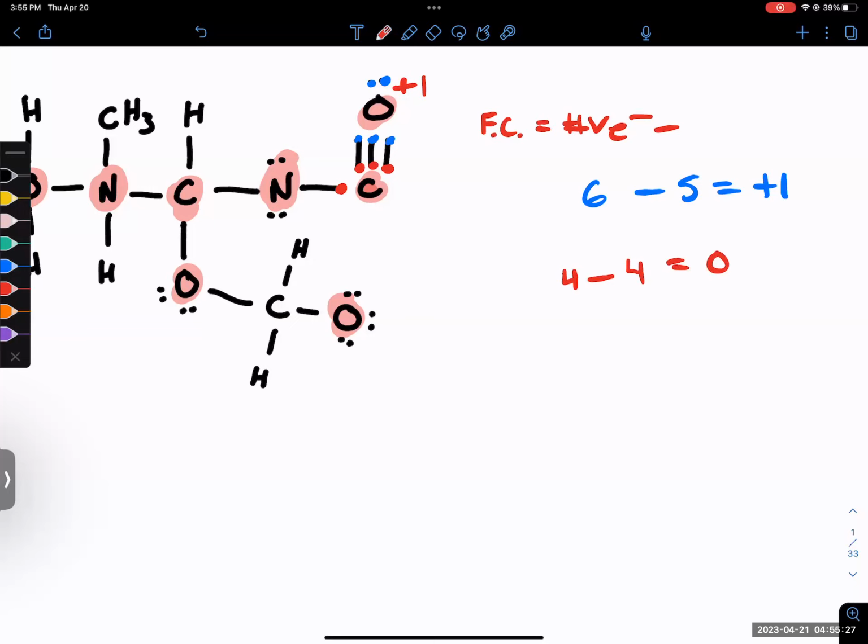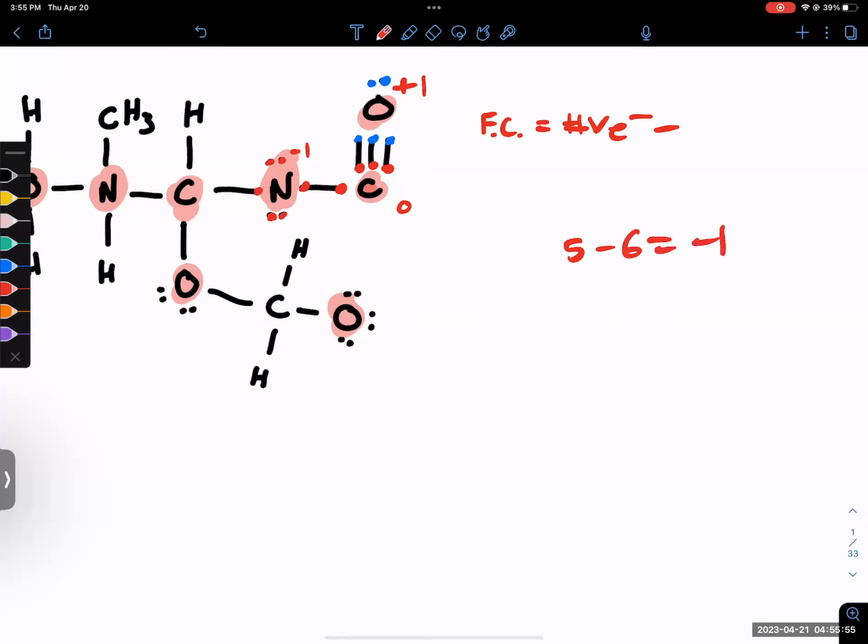Let's jump to this nitrogen here. What did y'all get for this one? One person says -1. Okay, so nitrogen has how many valence electrons typically? 5. And in this scenario, it has 1, 2, 3, 4, 5, 6.